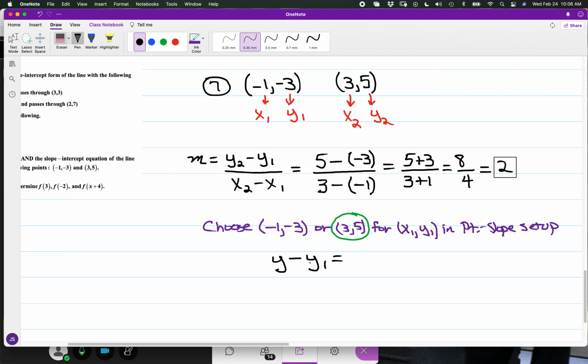We have y minus y1 is equal to the slope m times the quantity of x minus x1. For the items we have at hand, your y1 we have at 5, and your x1 in this case is going to be 3.